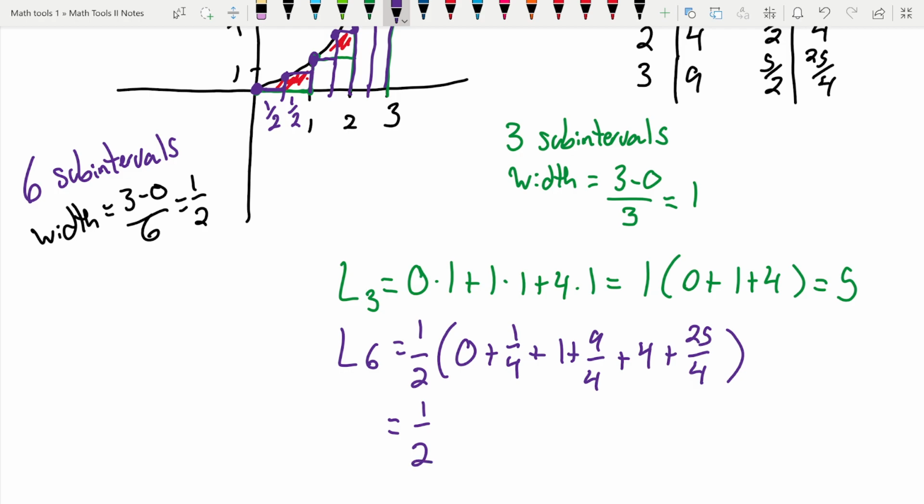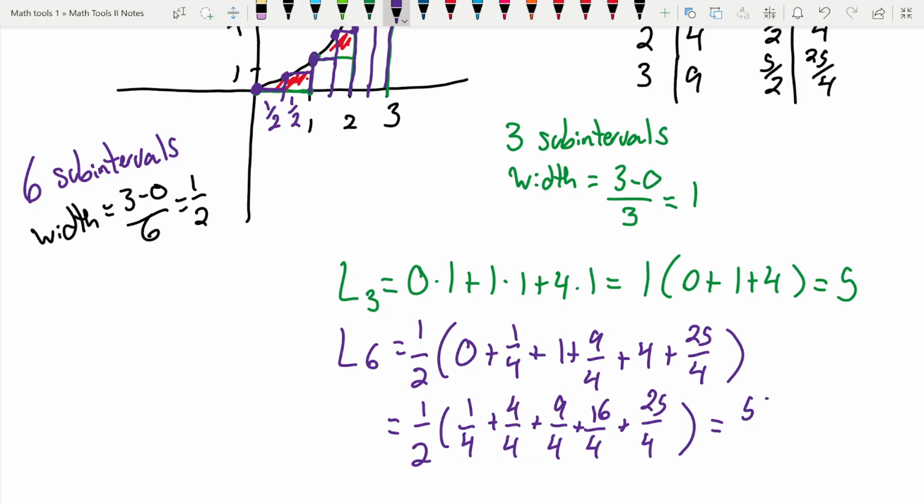So then you can use a calculator for this if you want, or just convert everything to a fraction. Okay, 16/4. Okay, so 1 plus 4 is 5, plus 9 is 14, plus 16 is 30, plus 25 is 55. So 55/4 times a half is 55/8.